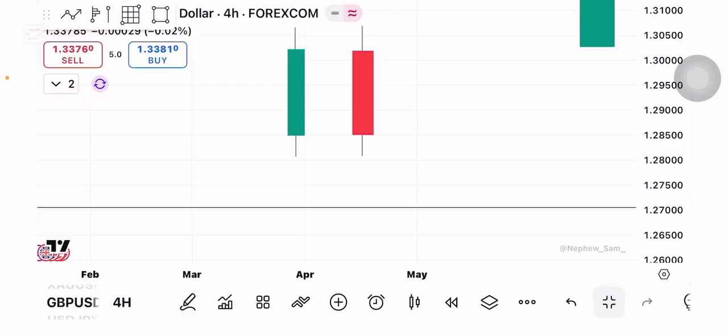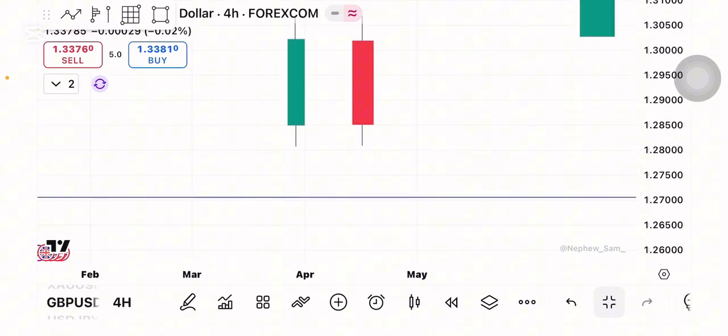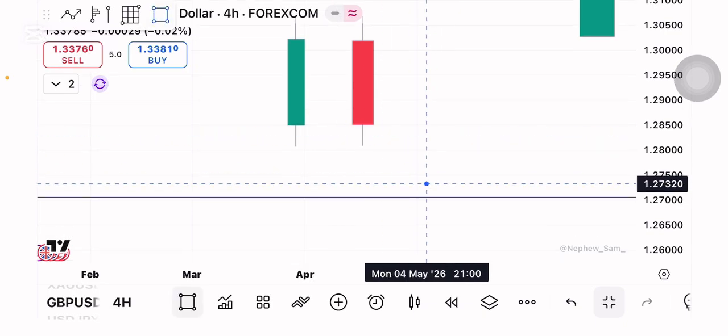Those are the major ones. We also have the doji, the hammer and the inverse hammer, the tweezers. There are a lot of them, so I'm going to be giving you guys different illustrations about them.